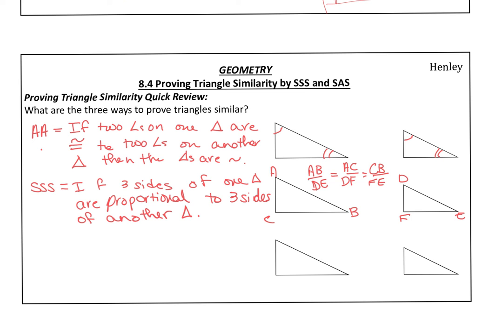And then finally, we have side, angle, side. Side, angle, side is our final reason, and let's label this Q, R, and S, and then X, Y, Z. We could say that angle Q and angle X are congruent.